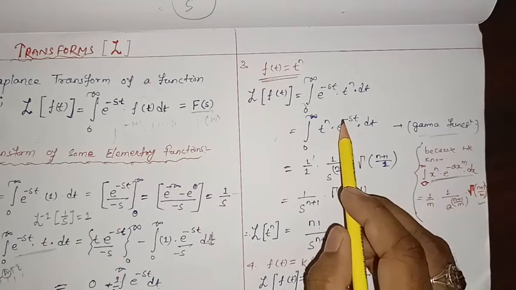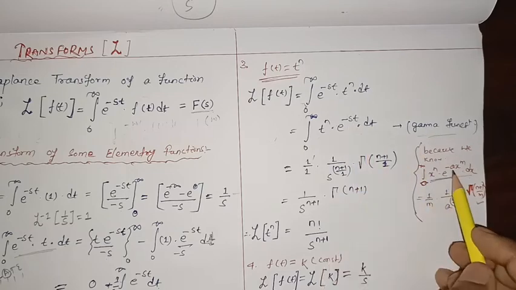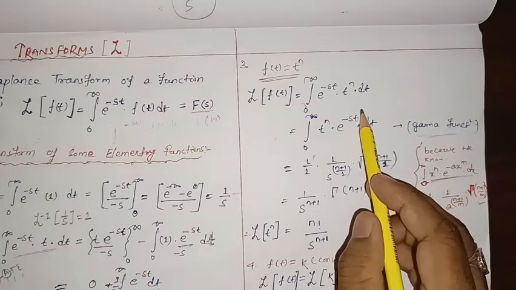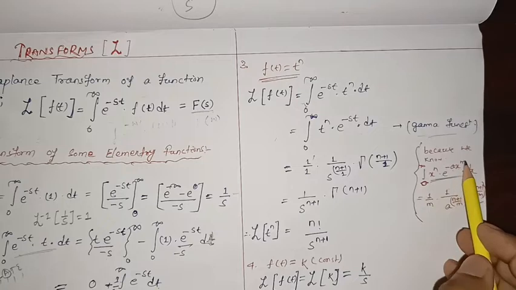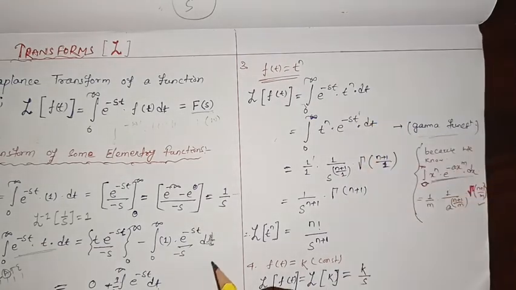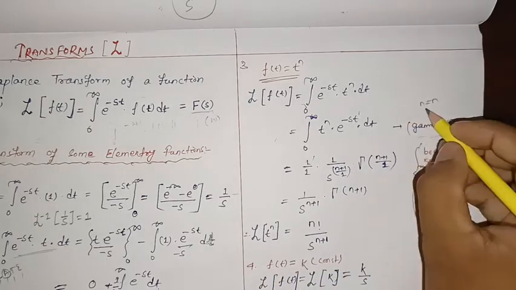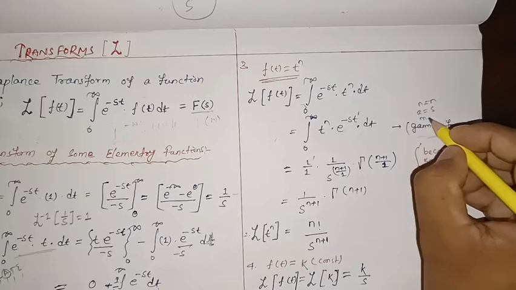In e to the power minus st, s is equivalent to a, and t to the power m means t to the power 1 is there. So here we found that n equals n, a equals s, and m equals 1.